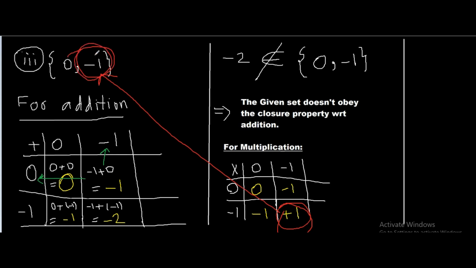So the result +1 is not included in the given set. This is out of this set. Therefore, due to this +1, the given set is not obeying the closure property of multiplication, because we have to find only one such entry. If we have found only one entry, then the set will not obey the closure property of multiplication.